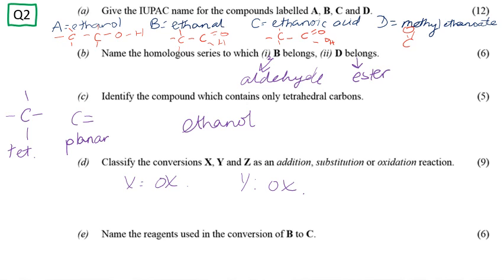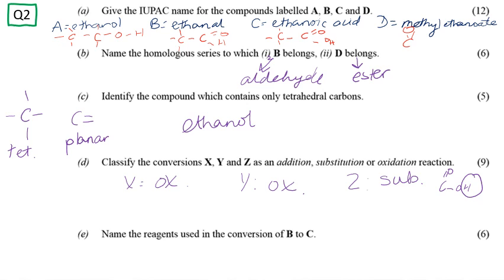And the final one, from ethanoic acid to our ester methyl ethanoate, is a substitution reaction. We are substituting the H of the COOH in the acid with a carbon chain. So when we were discussing esterification, we would have said it was a substitution reaction, or you could have said it was a dehydration reaction because water is removed.